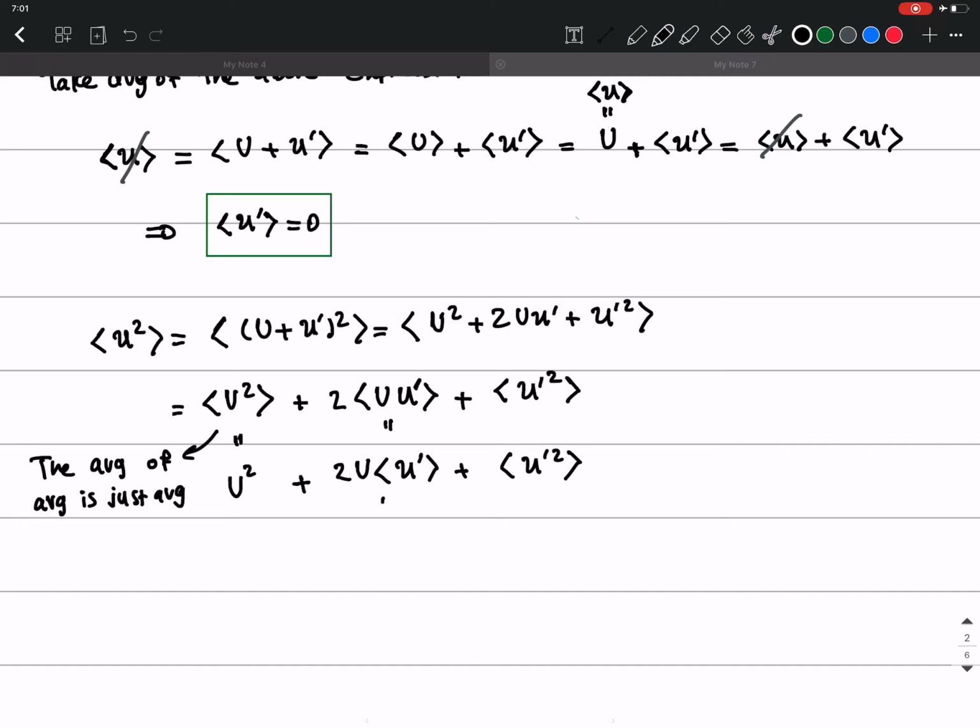So what is this going to be? From here, you see that it's just 0. You know that the average of fluctuations is 0. If you have these fluctuations, their average is going to be 0, okay?